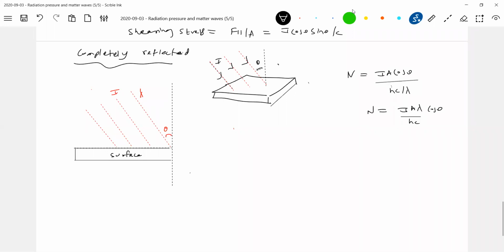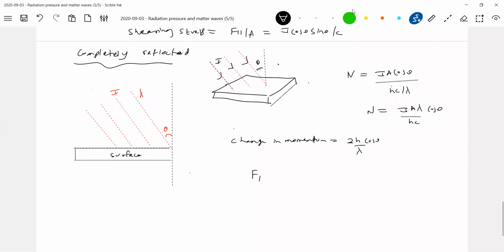Then the change in momentum should be equal to 2h by lambda cos theta. This is the number of photons striking the surface, and this is the change in momentum.